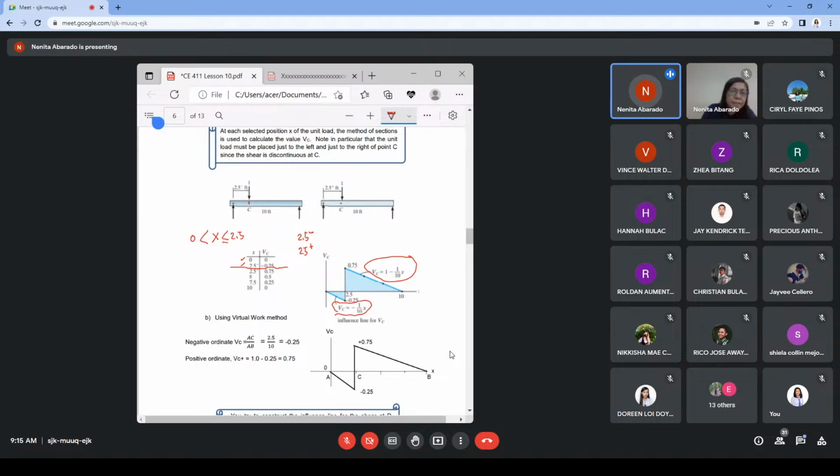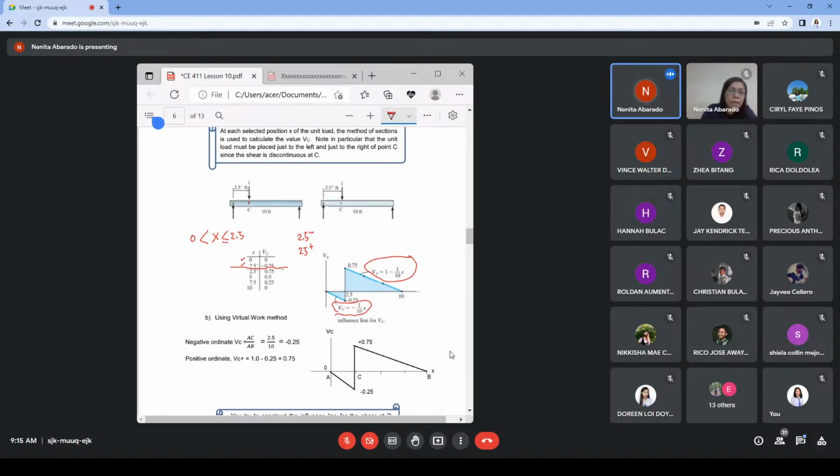So what do we see, class? If this is the equation, we have 0. This is 0, our x is 0. And if x is 2.5, we have negative 0.25.